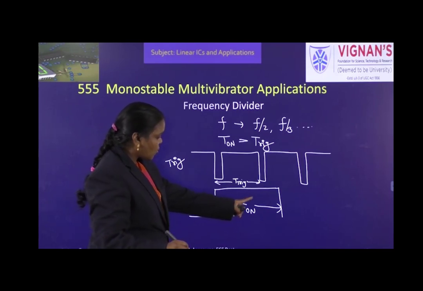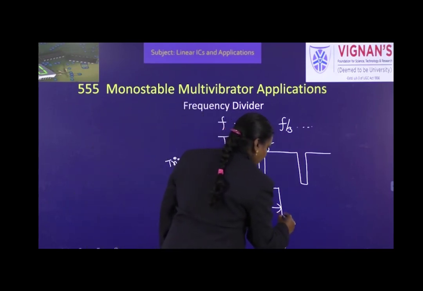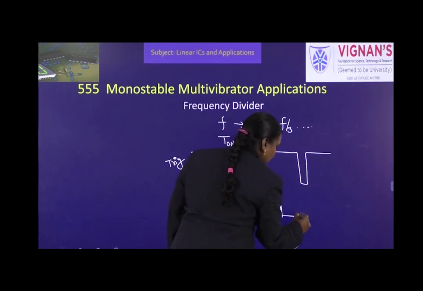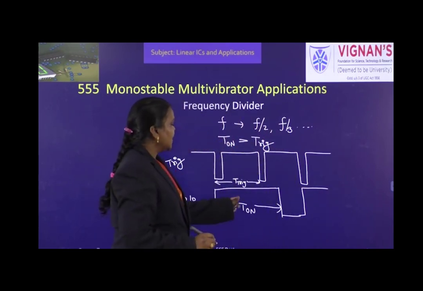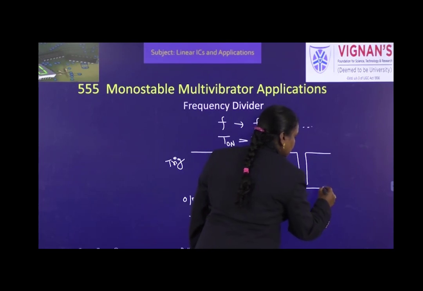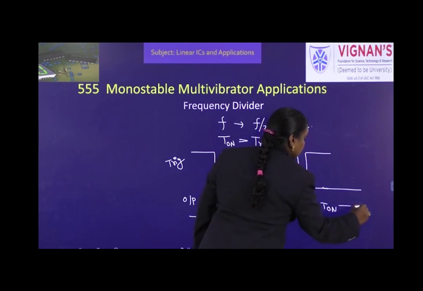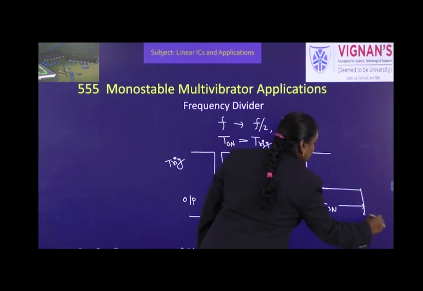After completing its on period, it will go low, and whenever it receives the next trigger pulse, it goes high. And it will stay for T on, if it didn't receive any reset pulse, and automatically it goes low like this.